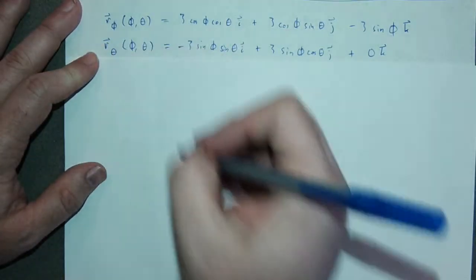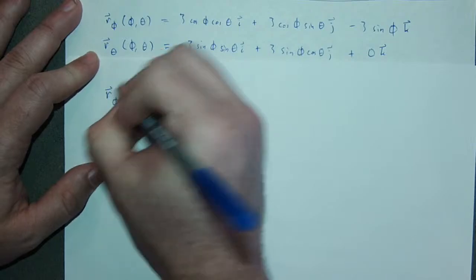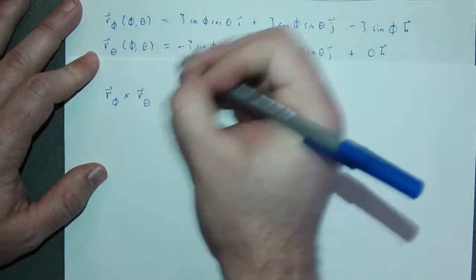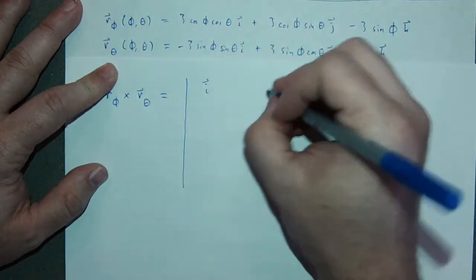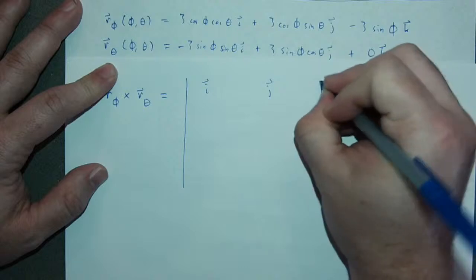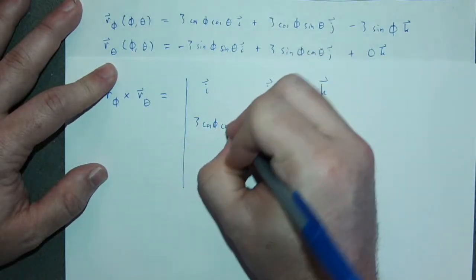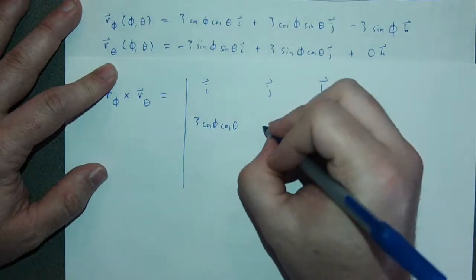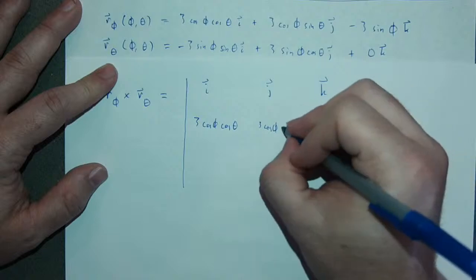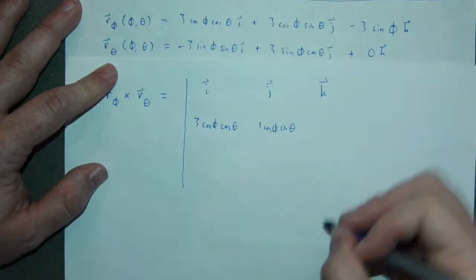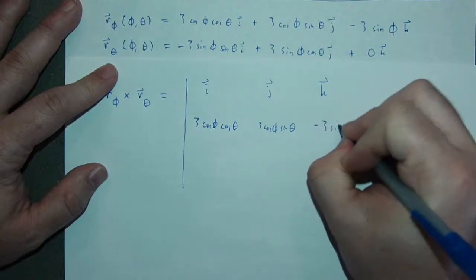All right, so this is r sub phi cross r sub theta. I'll only draw the left one. So this is i, j, k. In the i slot, this is 3 cosine phi cosine theta. In the j slot, this is 3 cosine phi sine theta. And in the k slot, this is minus 3 sine phi.